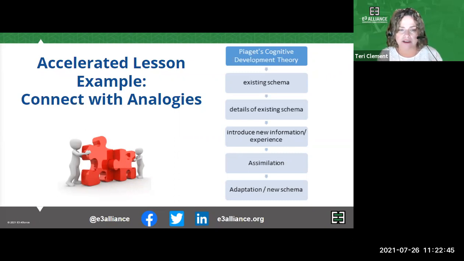The visual that I've provided here is just a quick reference guide to Piaget's cognitive development theory.